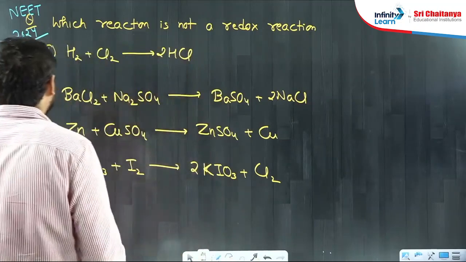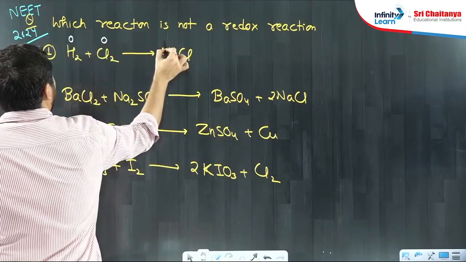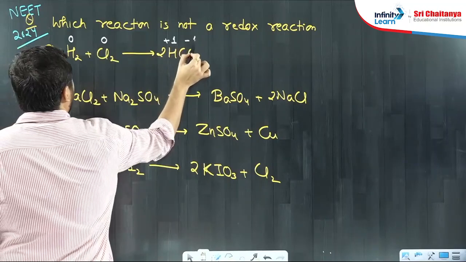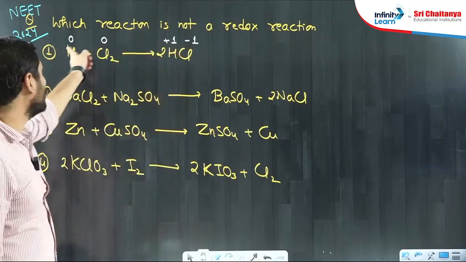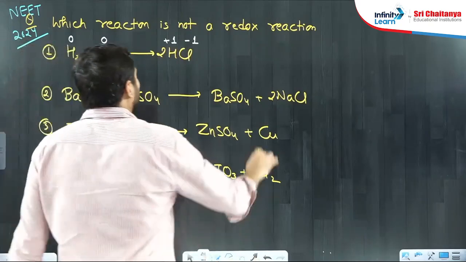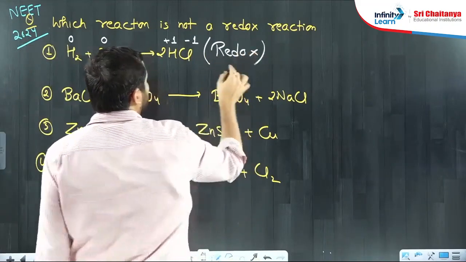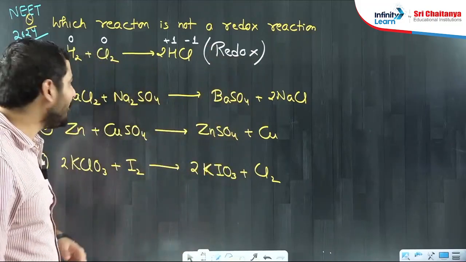If we write oxidation numbers, in the first reaction hydrogen is 0, chlorine 0, then hydrogen plus 1, chlorine minus 1. 0 to plus 1 is oxidation, 0 to minus 1 is reduction. A reaction in which simultaneous oxidation and reduction take place is a redox reaction. So first cannot be the answer.